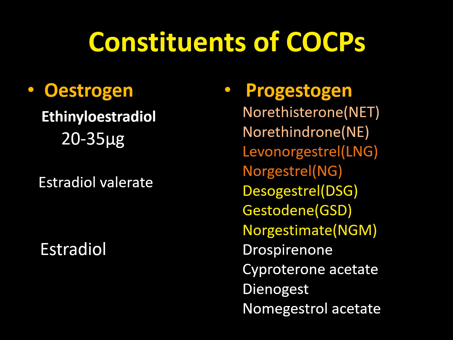You can see these progestogens colored into generations: first, second, third, and fourth, drospirenone, while cyproterone acetate is counted as a fourth generation in addition to drospirenone by some references, while others count it as not yet classified.